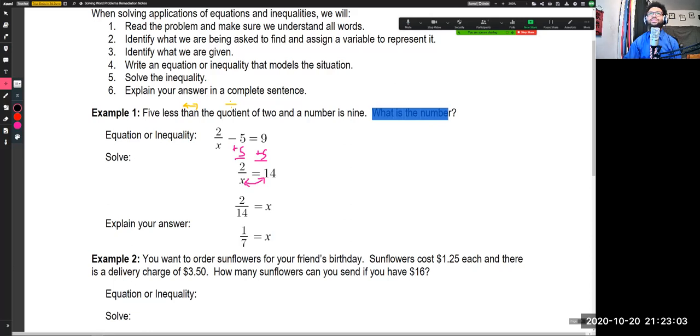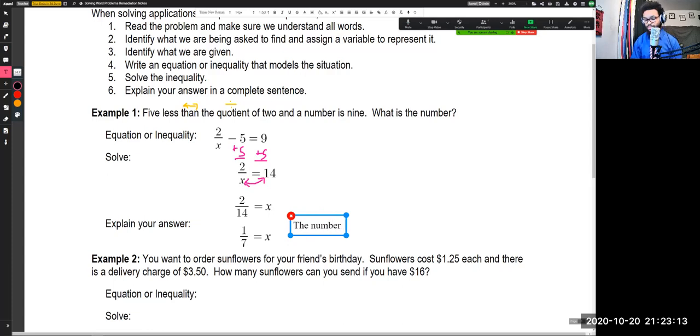And our step number 6 was to explain our answer in a complete sentence. So my complete sentence is the number is 2 over 14, or 1 over 7.